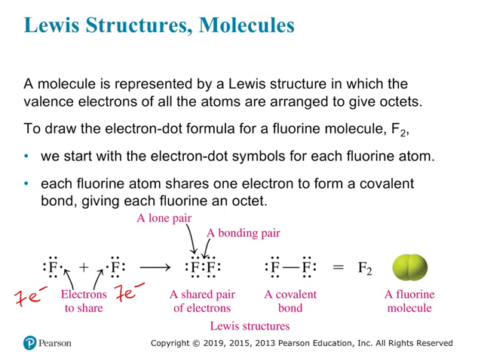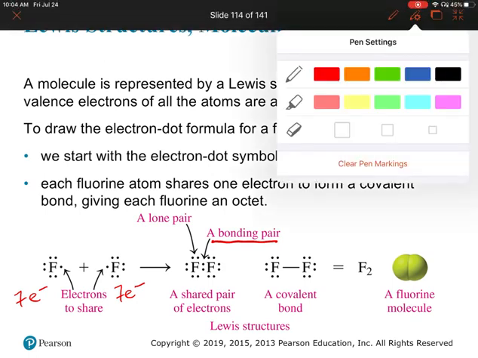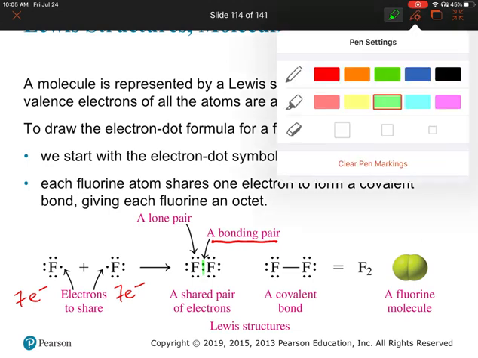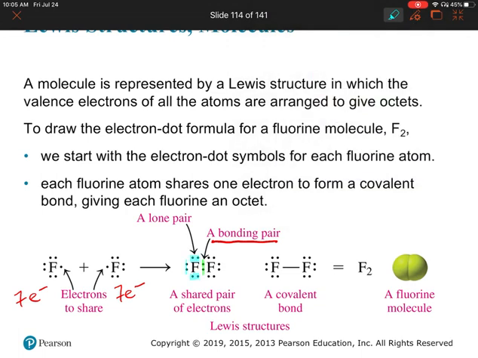And when they're by themselves, they're pretty unstable because they have this lone electron that really wants to bond to something, but also fluorine would like to have 8 electrons like a noble gas. So if these two fluorine atoms get close enough, they can form a covalent bond. So they'll form a bonding pair, which is in the middle there. And then there are 3 lone pairs of electrons on each fluorine atom. So we have 1, 2, 3 on the left fluorine and 1, 2, 3 lone pairs on the right fluorine.